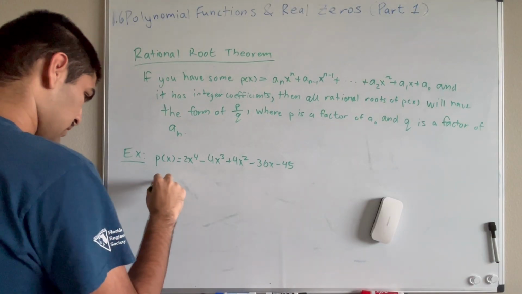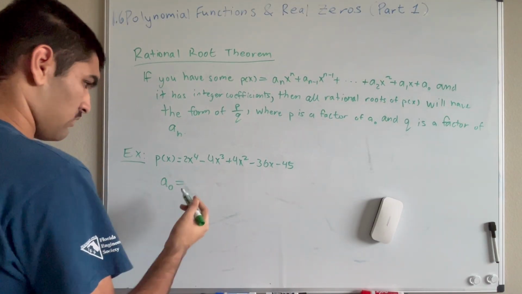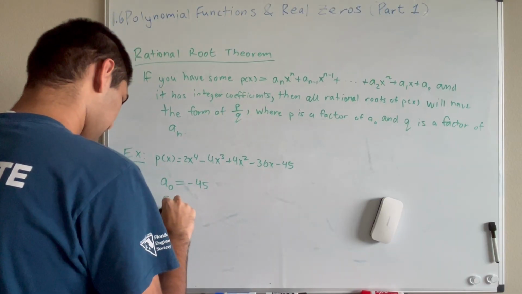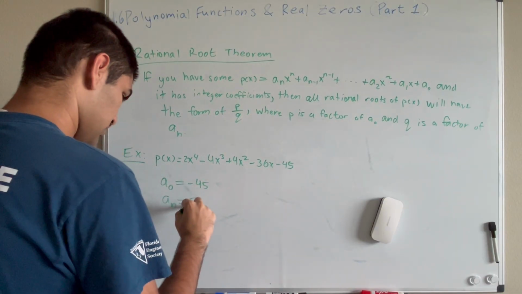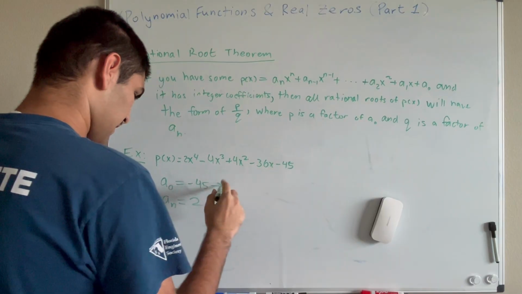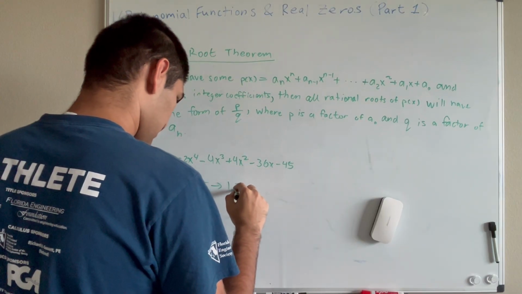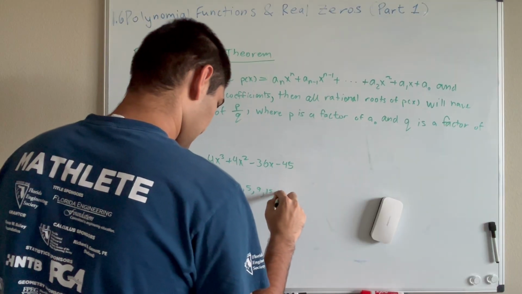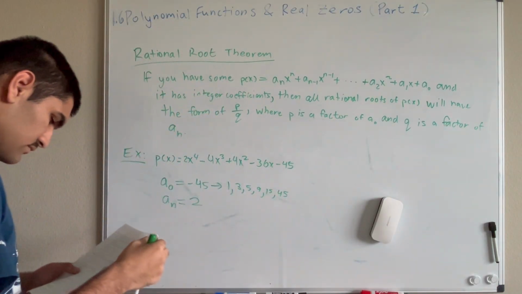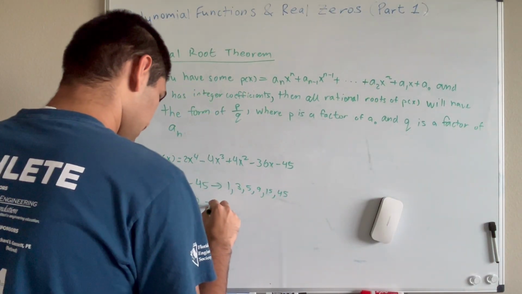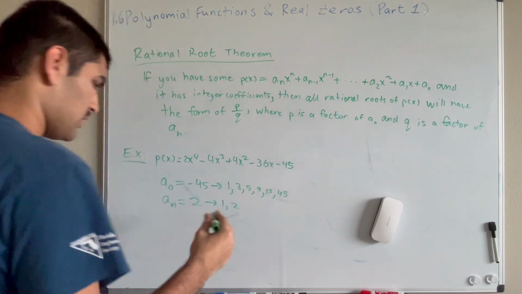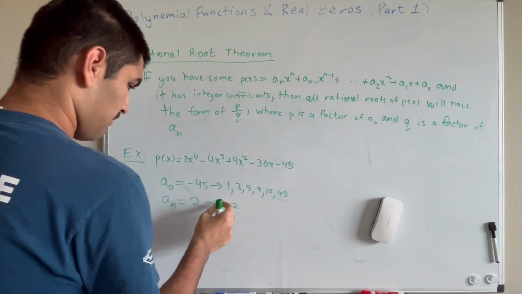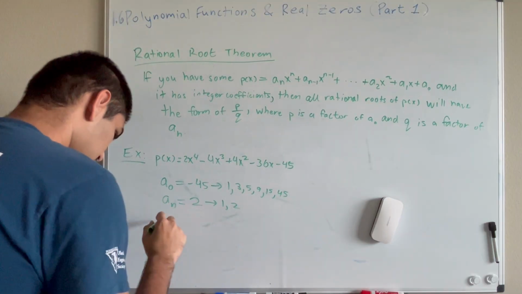Okay, so our constant term, or a0, is negative 45, and our leading coefficient, or an, is 2. So the factors of 45 are 1, 3, 5, 9, 15, and 45. And the factors of 2 are 1 and 2. So now, like I was saying earlier, you take each of these numbers and put it over each of these numbers.